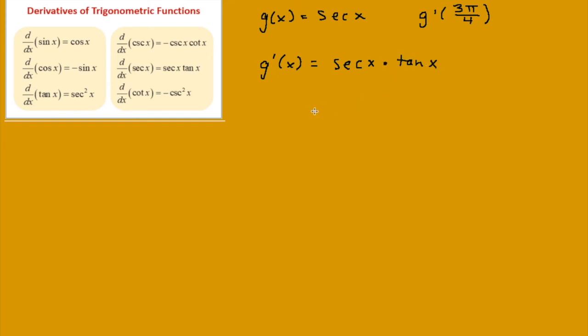Secant x can be a little tricky to evaluate, so let's rewrite this as 1 over cosine x times tangent x. Then we can evaluate g prime of 3 pi over 4 by substituting 3 pi over 4 in for all the x's in this equation.